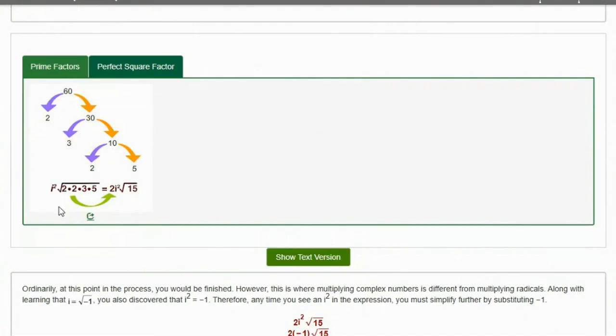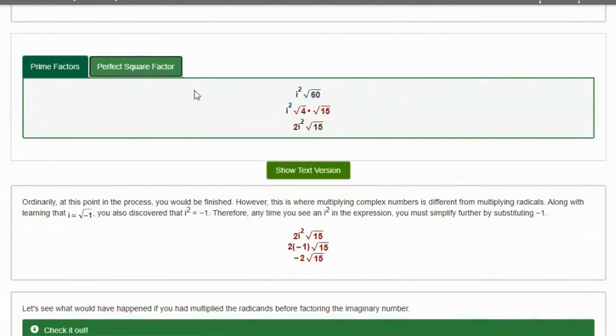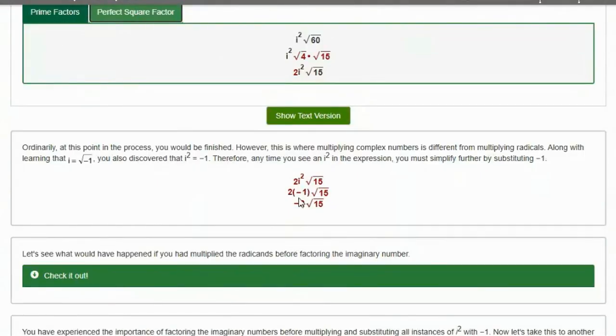So your factors are 2, 2, 3, and 5. You bet, Addison. So the 2's can come out because it's the square root of 4, and 15 stays in. And then you got i squared square root of 60 gets down to this: 2 i squared 15. i squared is negative 1. So our final answer is negative 2 square roots of 15, which we had on our paper.